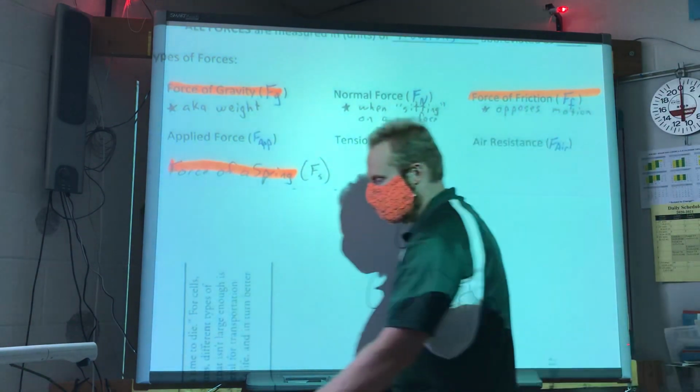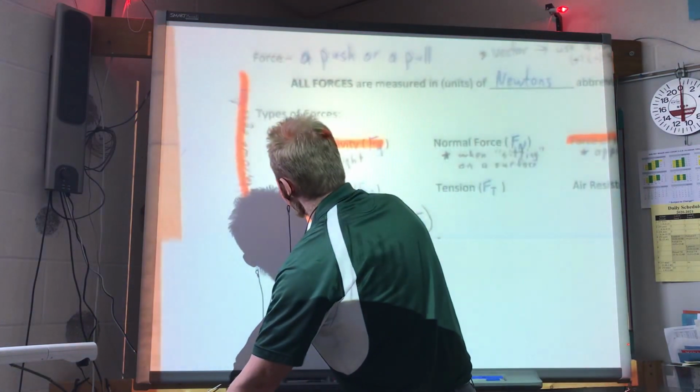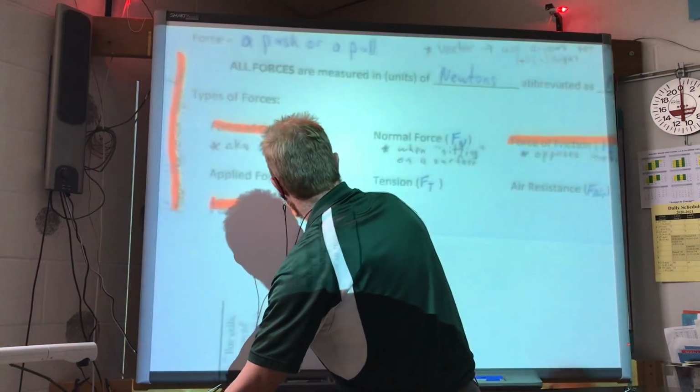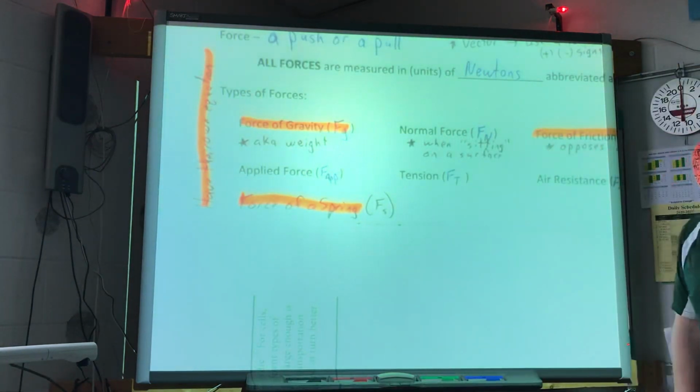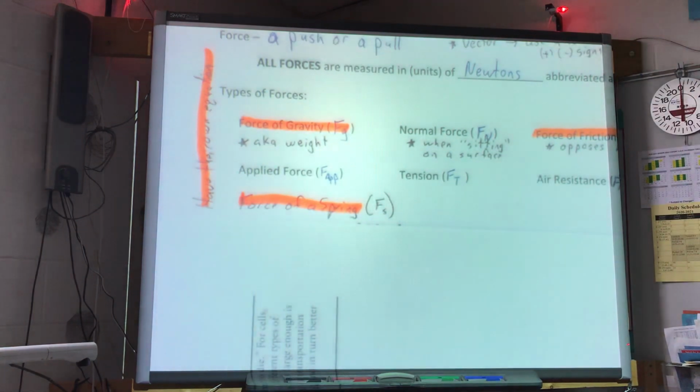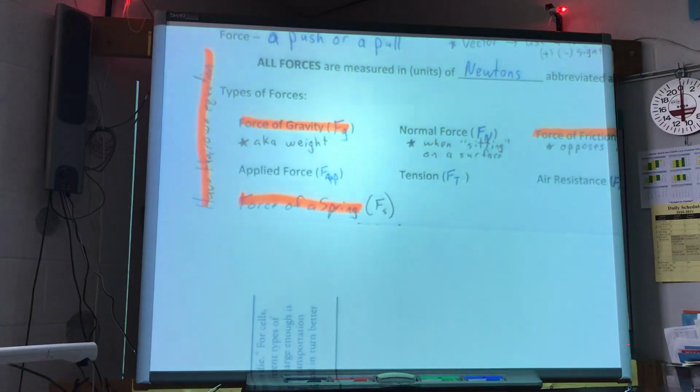Now the reason I highlighted those three, and whether you choose to denote it or not, I don't really care: of these 7 forces, 3 of them have their own special equation that, as we go, I'll give you. 3 out of 7.